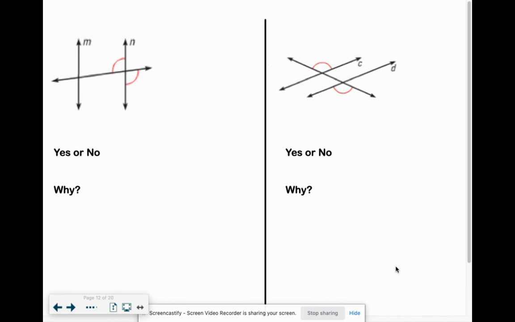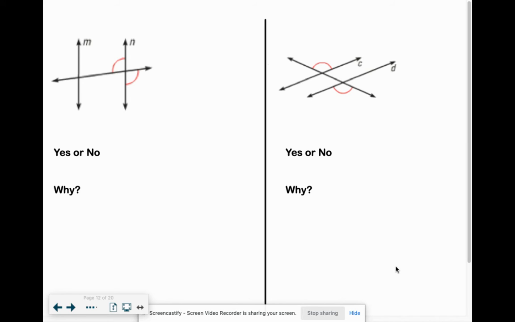They're not horizontal, but they are vertical. Right? These are vertical angles. It's a good guess.